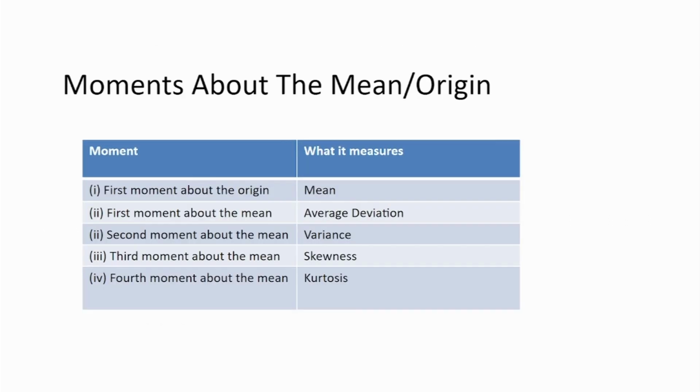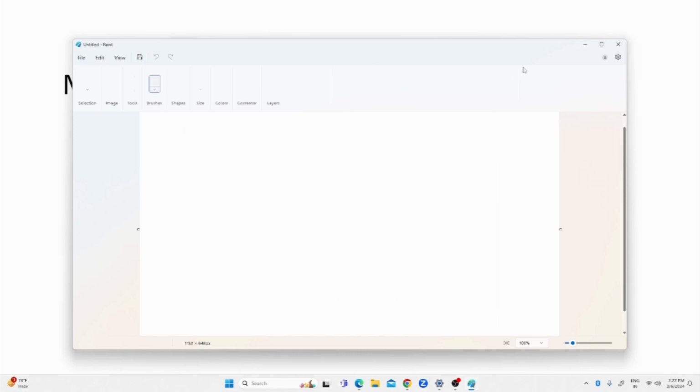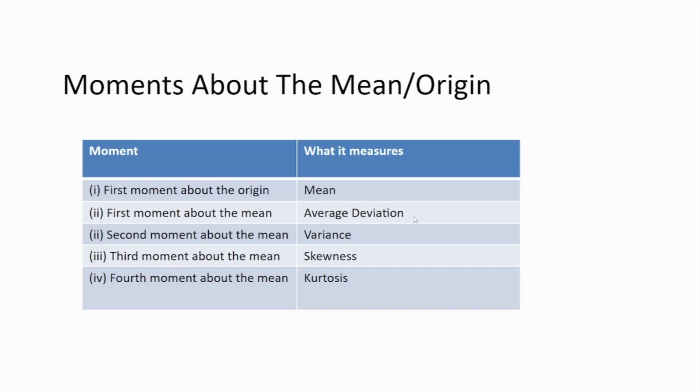I will just tell you this. What is a moment? This is a little mathematical, and I am just telling you for information. Xi is the value of the ith variable. The moment means how far it is from a particular point. So please look at the word moment: moment from the origin, moment from the mean.